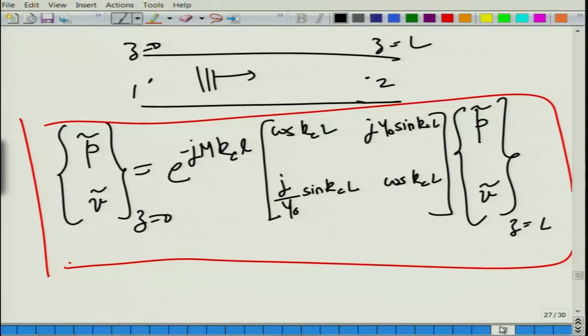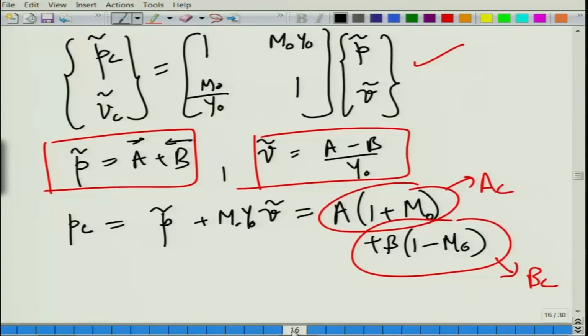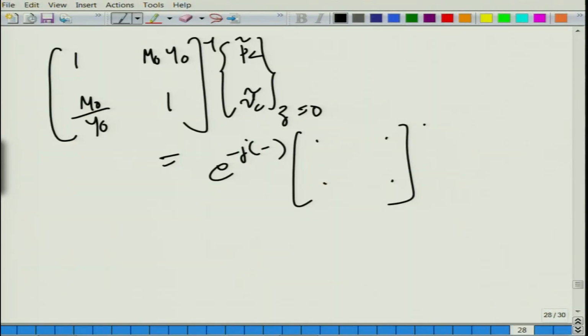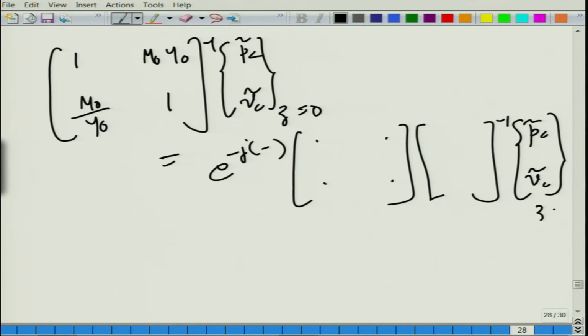So, let us go back to slide 16. Again we have to invert this. The inverse of this times P_c tilde V_c tilde at z equal to L is what is going to do the trick for us. Here we have no choice but to invert it and write P_c tilde V_c tilde at z equal to L. So this is [1, m0 y0; m0 y0, 1].